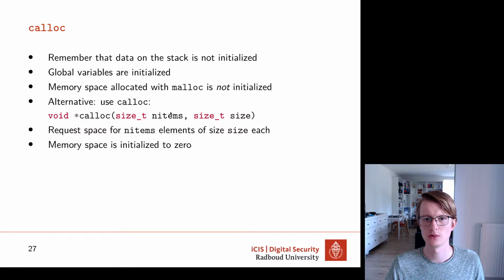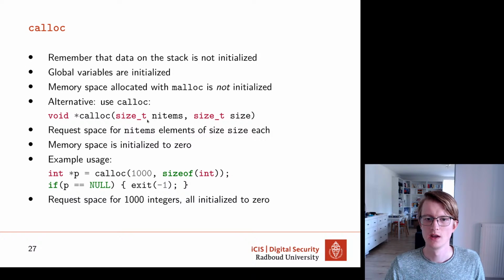For example, if you want 1,000 ints, you would do 1,000 of size int. With malloc, we needed to do multiplication here. Very important. We'll see why this is an important difference. And with calloc, you get all of this memory space initialized to 0 for you.